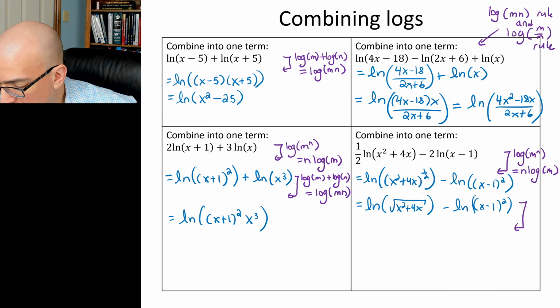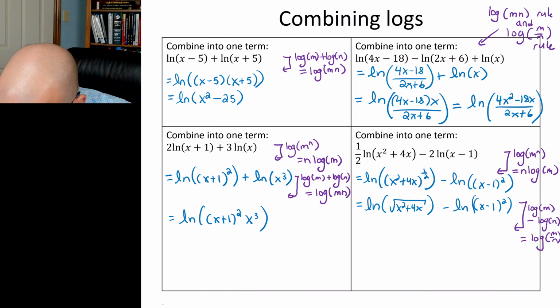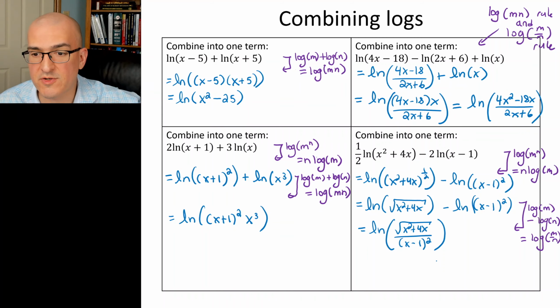And then the last step is I'm going to combine the log pieces, log of m minus log of n. There's the log of m divided by n. So I'll rewrite this as the ln of the square root term divided by (x minus 1) all squared. Now it's been combined into one term.